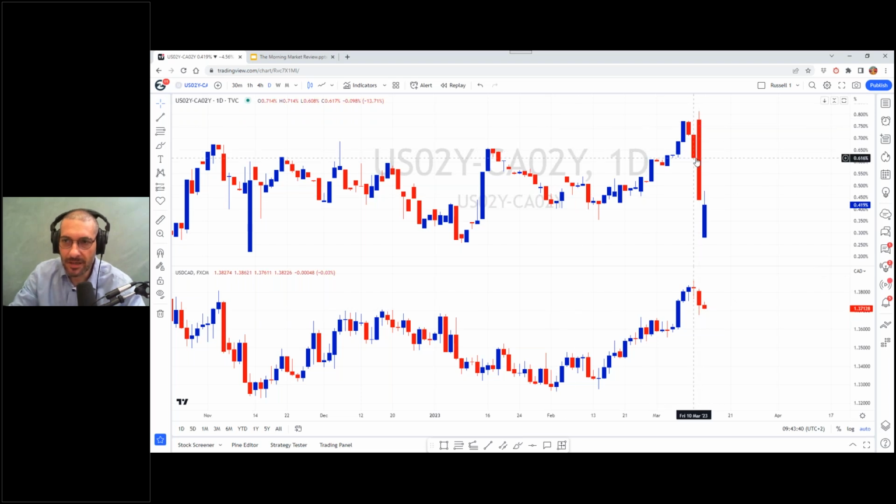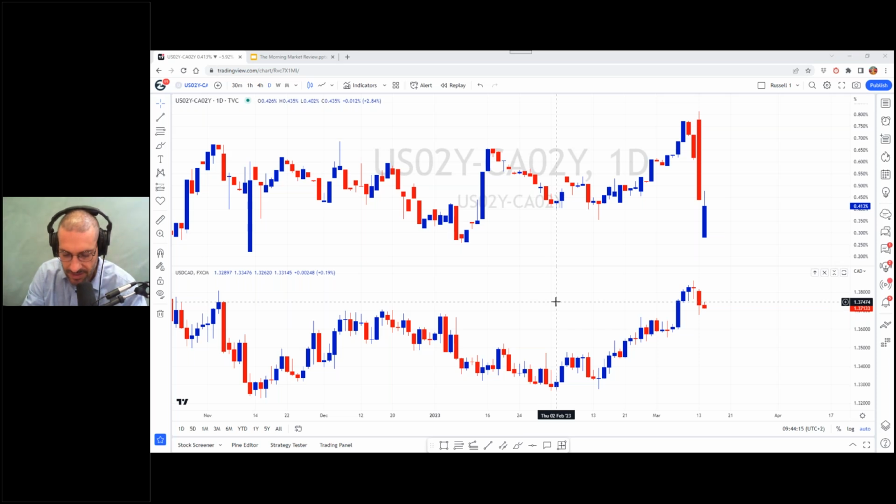But of course, with the banking crisis or the crisis in confidence in the US banking sector, the 2 years come down. So we're going to have to pay particular attention to how this evolves, but effectively the advantage that the US dollar had over the Canadian in terms of the central bank hawkishness has dissipated. And because that's dissipated, it's worth just revisiting that and making sure that we understand that it's no longer in force. So that's the first thing on my agenda, just the US dollar Canadian.